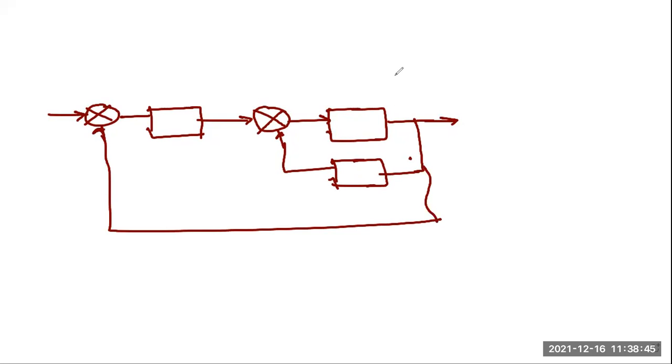Now consider this is C(s), the output, and this is your input. This is plus, this is minus, this is G1(s), and this is plus, this is minus, this is G2(s), and this is G3(s), and this is a unity feedback, for example.